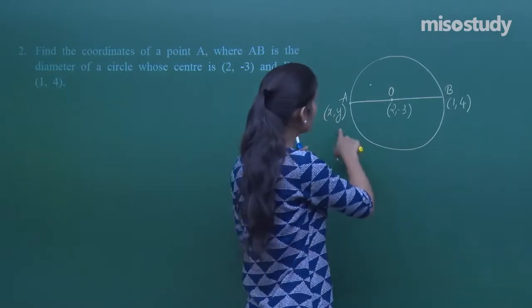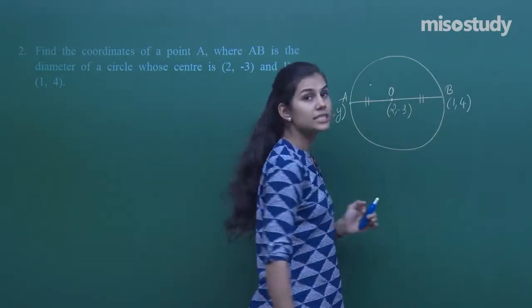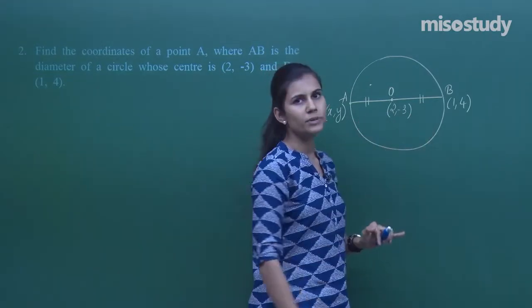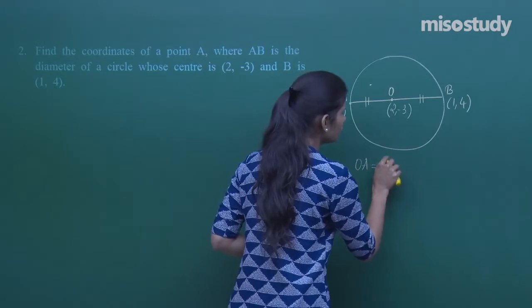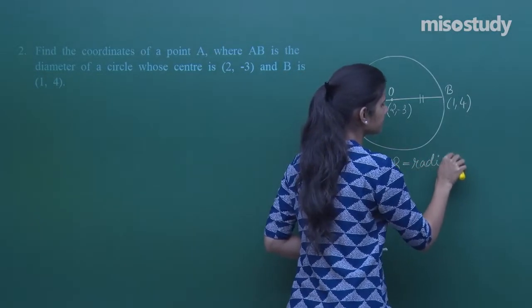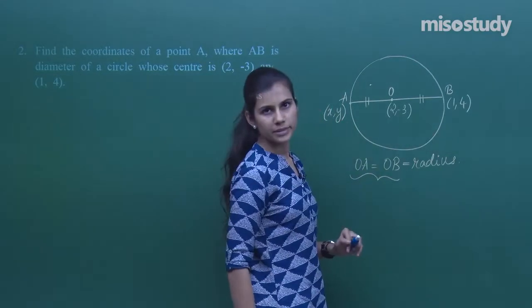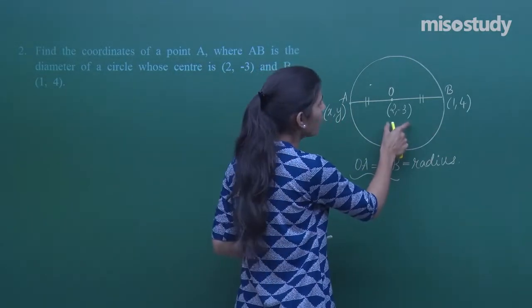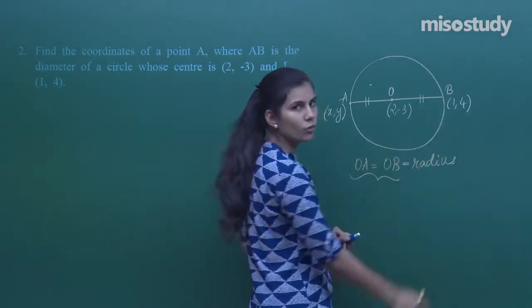So the distance of point A from the center will be equal to the distance of point B from the center, because both these distances will be equal to the radius. So I will have OA equal to OB equal to the radius. Whatever is the distance between A and O, the same is the distance between O and B.